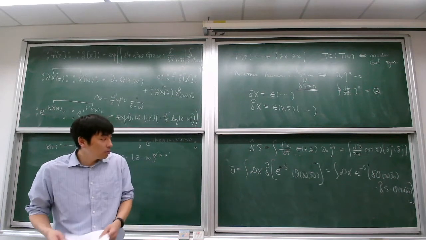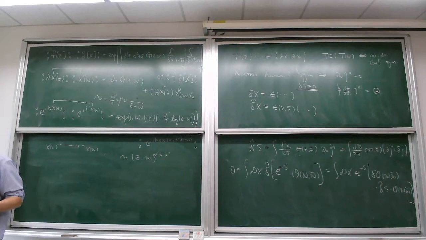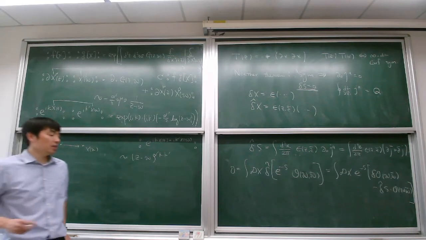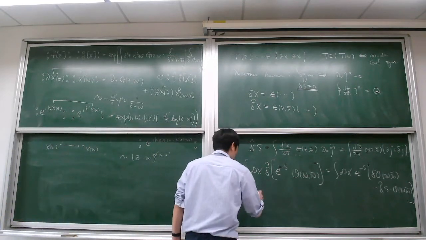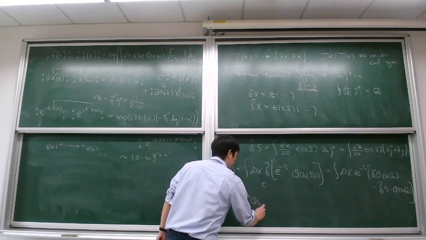Now here I take epsilon to be the following thing. Given the complex coordinate and the point w, I have an operator.